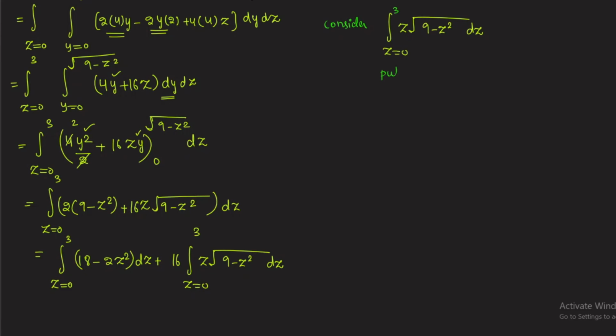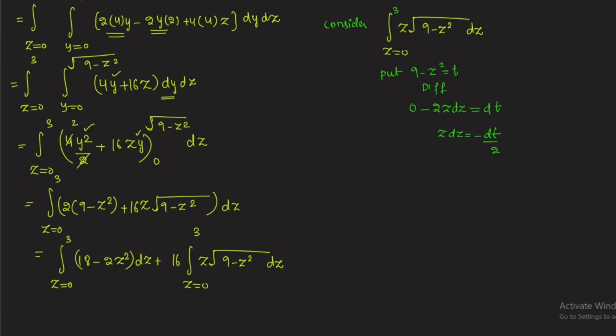Now put the value under the root as some dummy variable t. Differentiate with respect to t. This will become 9 derivative is 0, z square derivative is 2z, dz by dt. That dt will be written here. So we have minus, z dz value would be minus dt upon 2.